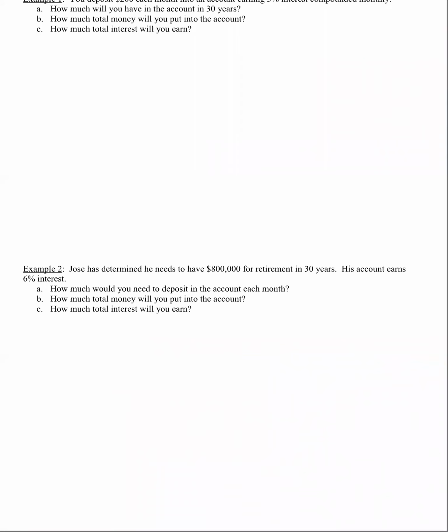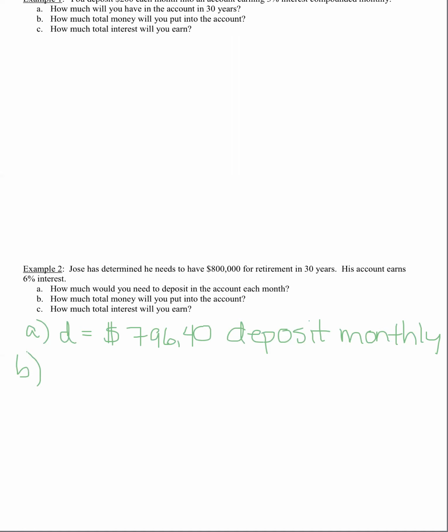Okay. So how much do I need to deposit each month? Your D should turn out to be $796.40 is what you deposit each month. So if you do that at that interest rate for 30 years, you will come out with that $800,000. So then the next question is, how much have you actually put into the account?